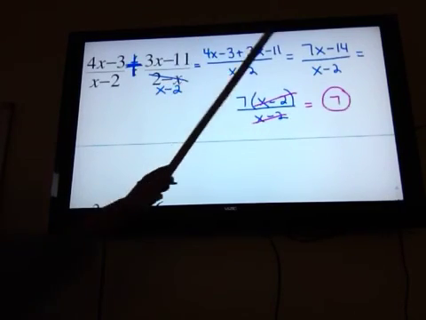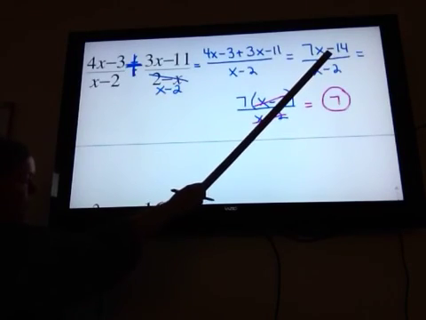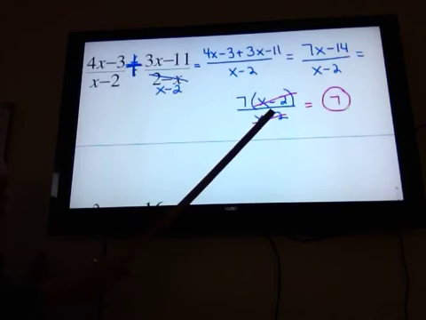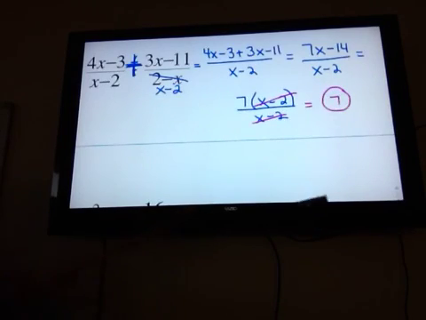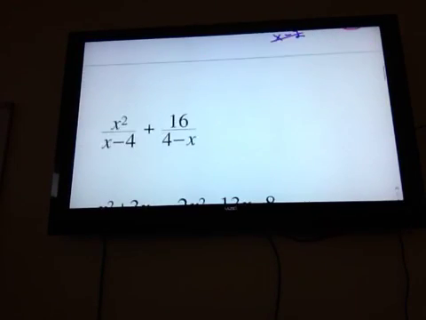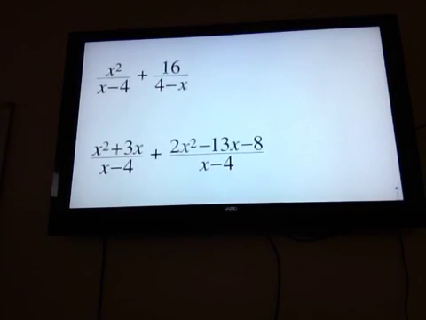Add or subtract, that's here. Once you add and subtract, then it becomes a question like goal 5-1. Factor if I can, I could, and then reduce if I can, I can. Okay? Okay, we have another inverse one.